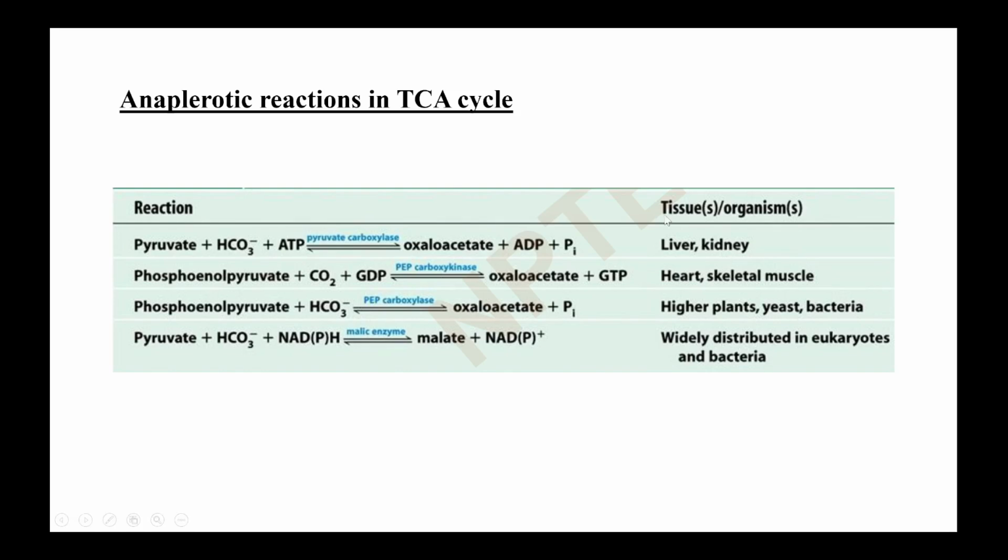Okay, and which enzyme catalyzes this reaction? Pyruvate carboxylase. Pyruvate is a 3 carbon compound, so you need an addition of an extra carbon to form a 4 carbon compound, that is oxaloacetate. So this is 3 carbons and 1 carbon is coming from the bicarbonate ion, and we are getting a 4 carbon compound, that is oxaloacetate.